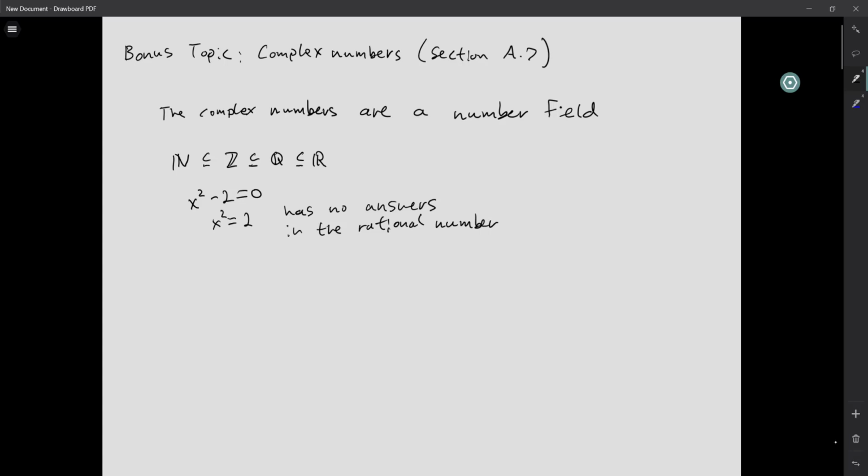But the next step up, really, from rational numbers is the real numbers, where we have the real line continuum situation. And I have all of those numbers with infinitely long decimal representations. But those still aren't enough.